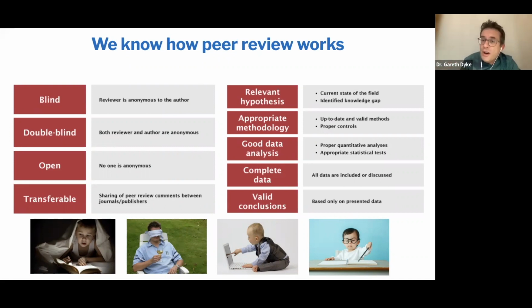These are the kinds of things that peer reviewers will be asked to look at when your paper goes to a journal. These are the kinds of things that you should keep in mind as a researcher when putting your paper together, because peer reviewers are going to look at them. You need to make sure that you've got those pieces in your paper.